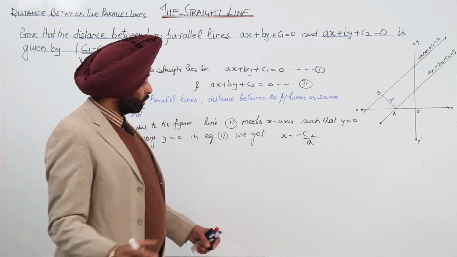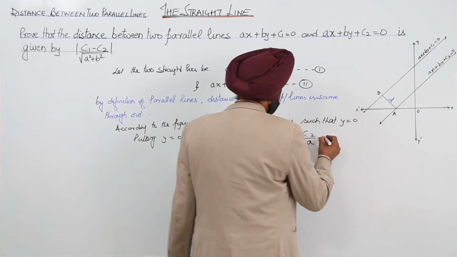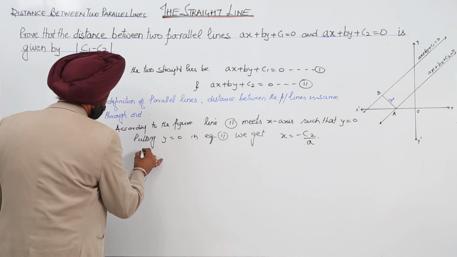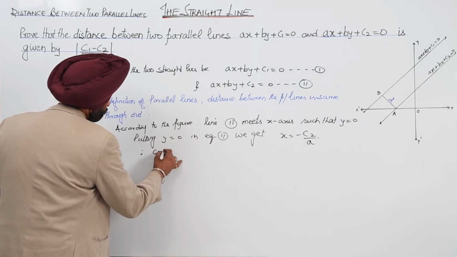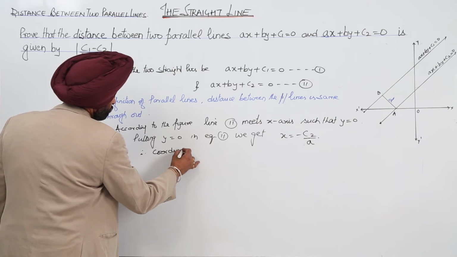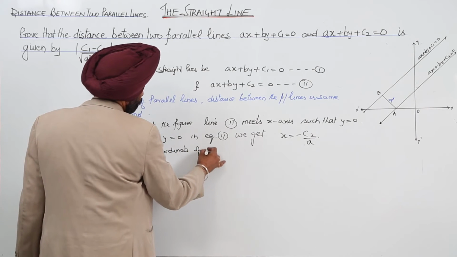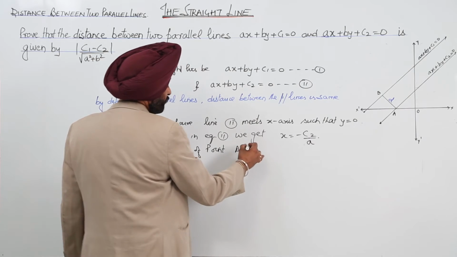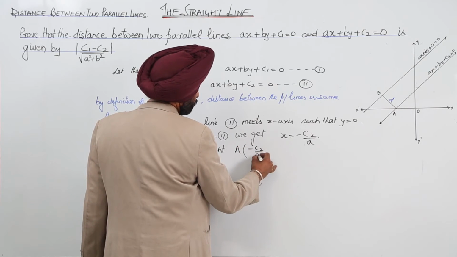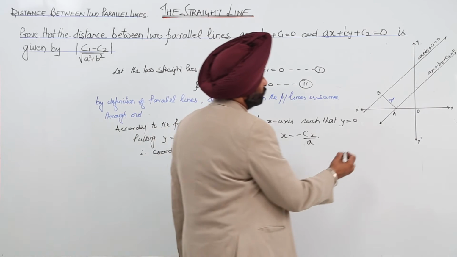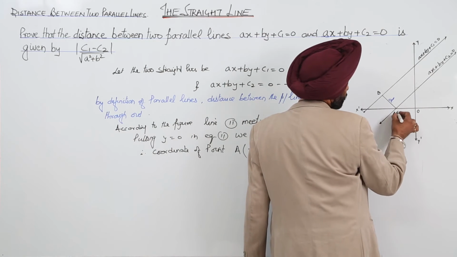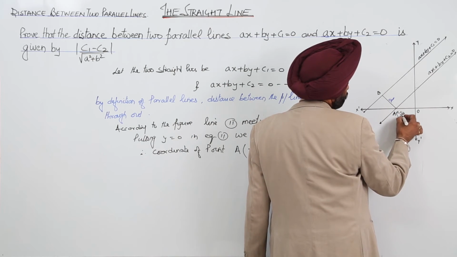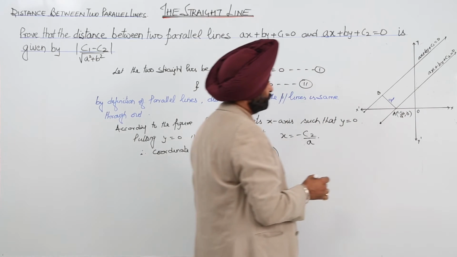Okay. Therefore, the coordinates of point A will be negative of c2 upon a comma 0. So this point A is negative of c2 upon a comma 0.